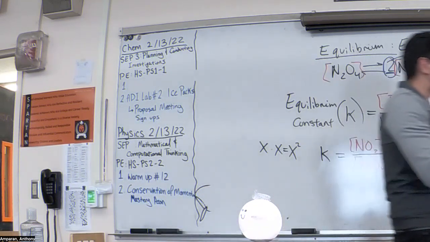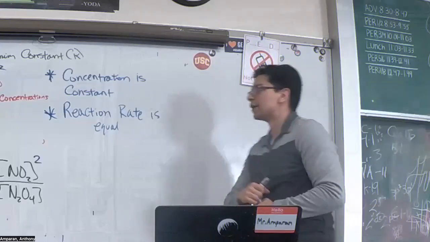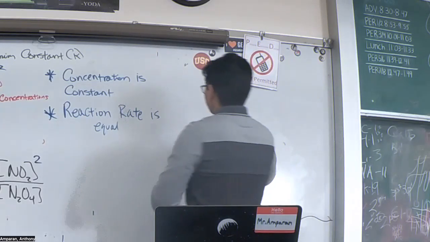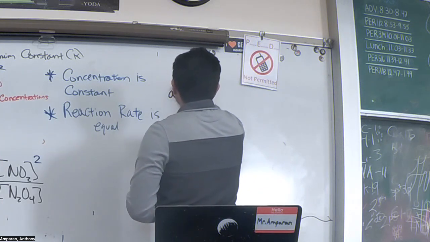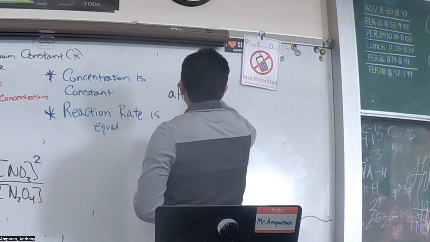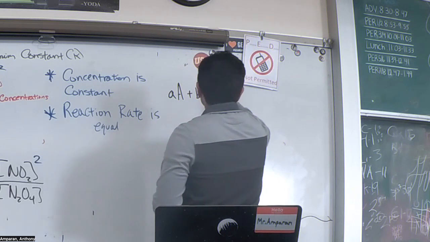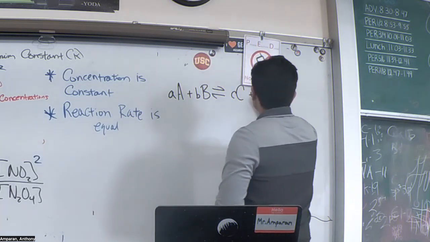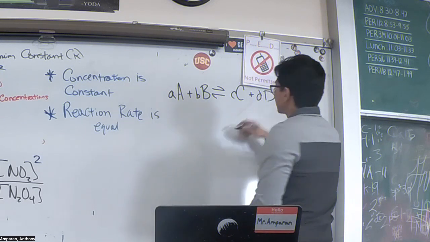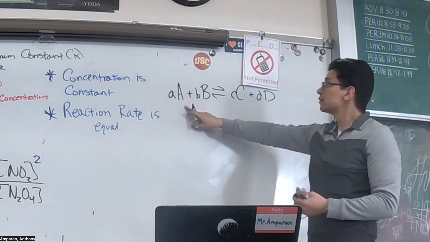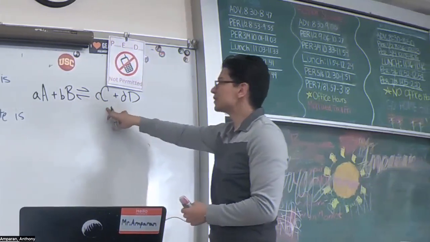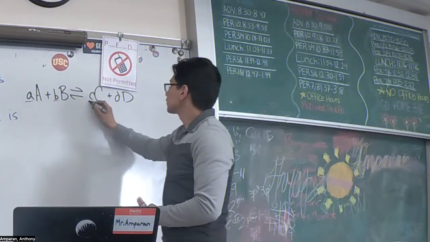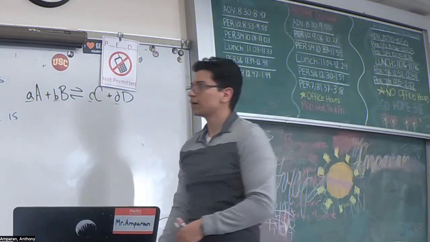So I'm going to write a general formula that you might see if you watch other review videos, or look it up online. A lot of the times it'll be written out like this, where you have some kind of reactant A plus B, and it's going to turn into C plus D, and then you have these coefficients in front.